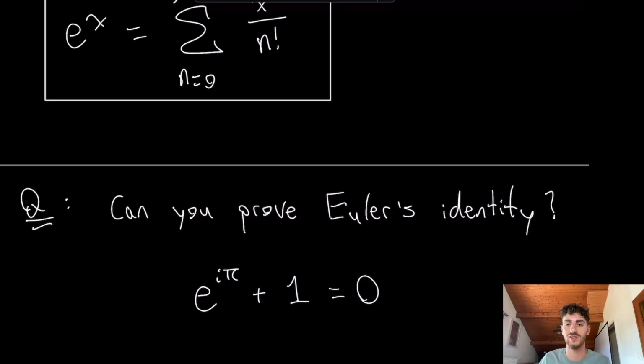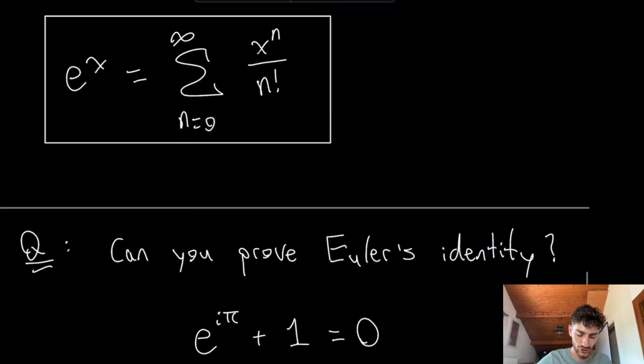Now really this is just saying e to the power of i times pi equals -1, but this is a nice way that it gets written, because instead of having some awkward -1, now you have a 1, a 0, an i, a pi, and e, really fundamental numbers. So can you prove this?